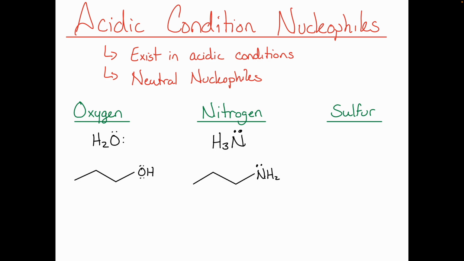All right, so all I did was take my basic condition nitrogen nucleophiles, I added one more hydrogen, and I took away one lone pair as well, right, because I can't break the octet rule of these nucleophiles. All right, same thing with sulfur. Instead of being HS with the minus charge, it's H2S, or my thiol.